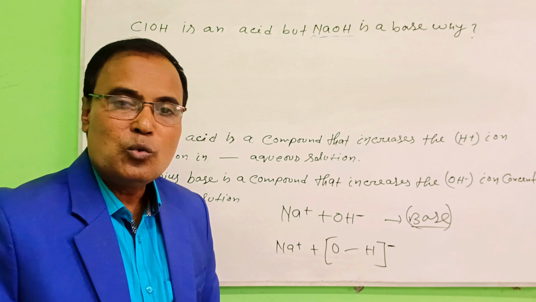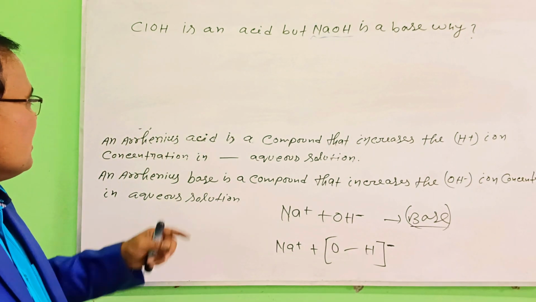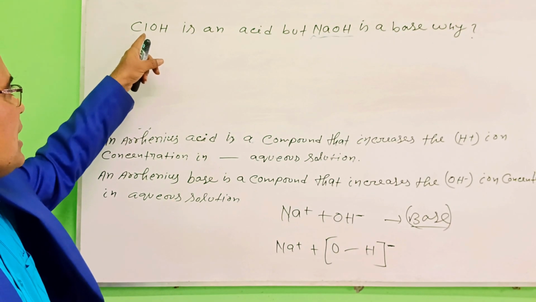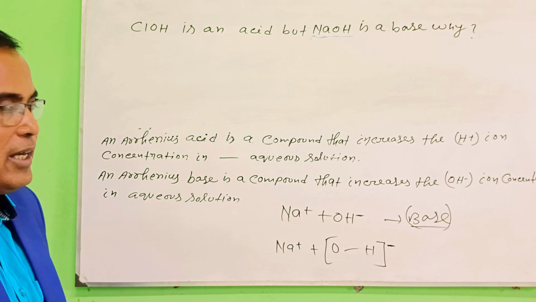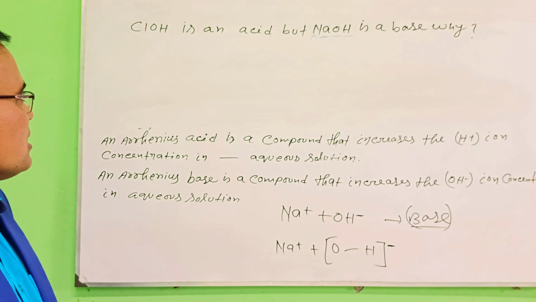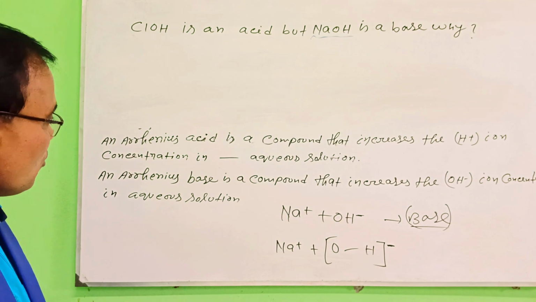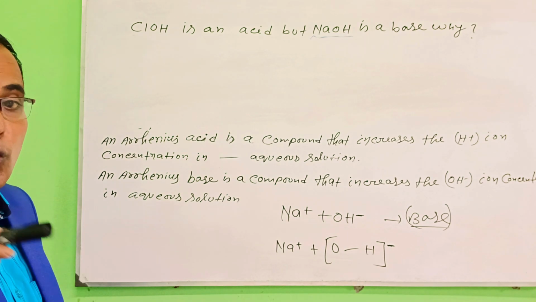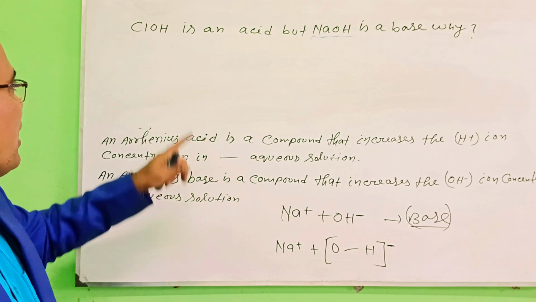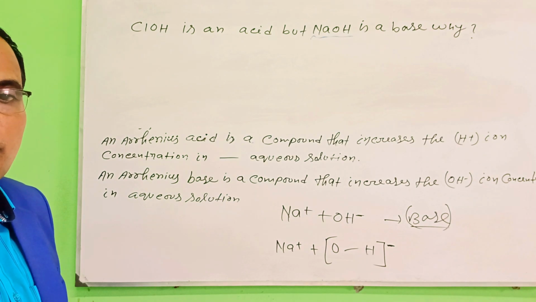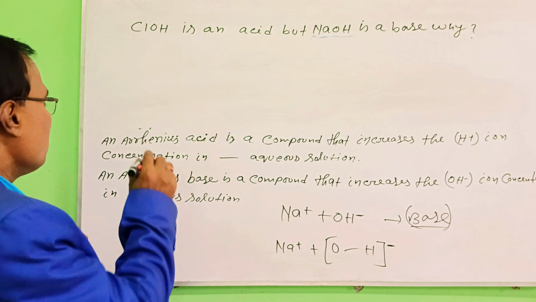But now we have to know the details. Please see the compound ClOH. It is a covalent compound. Here chlorine, oxygen and hydrogen atoms are present. We have to follow the Lewis dot diagram initially for understanding why ClOH produces H+ ion in its aqueous solution.